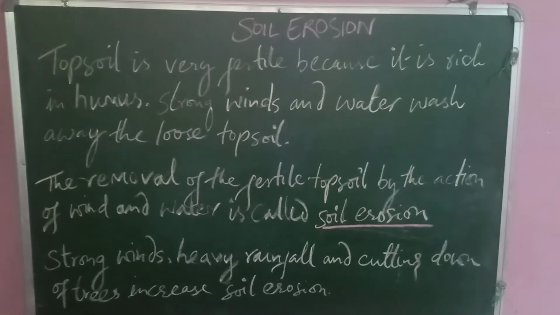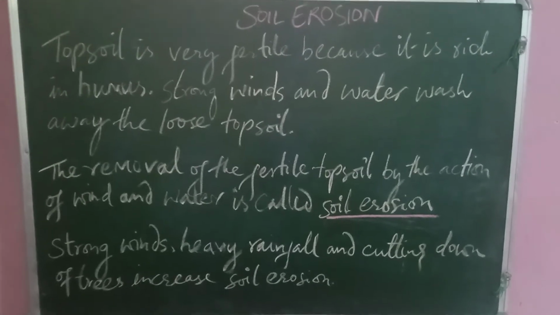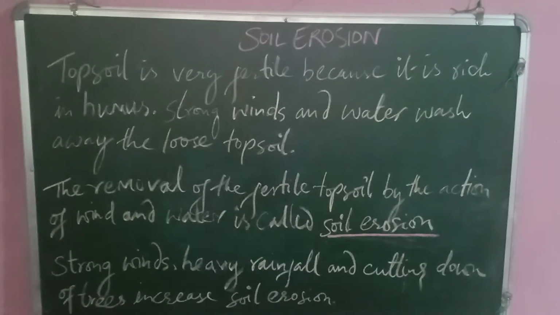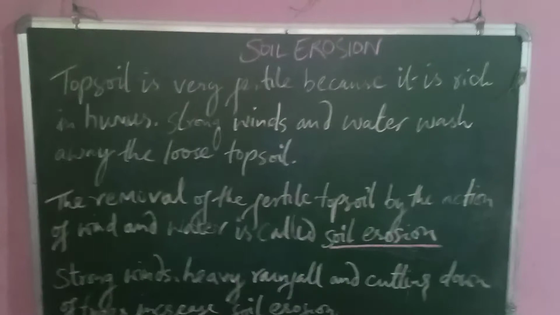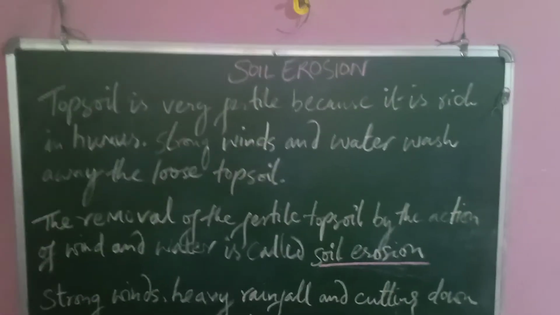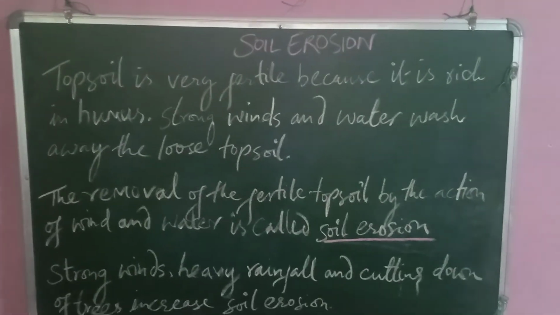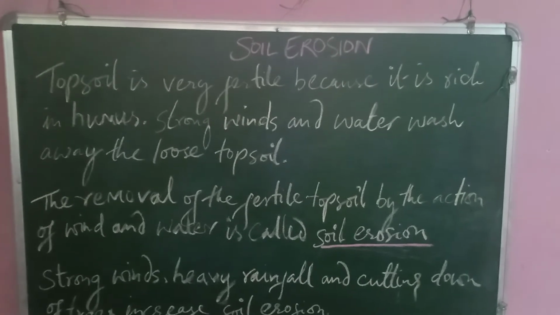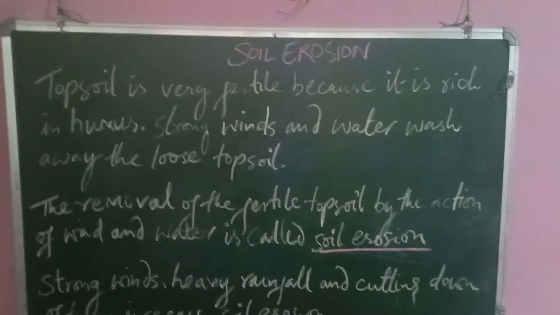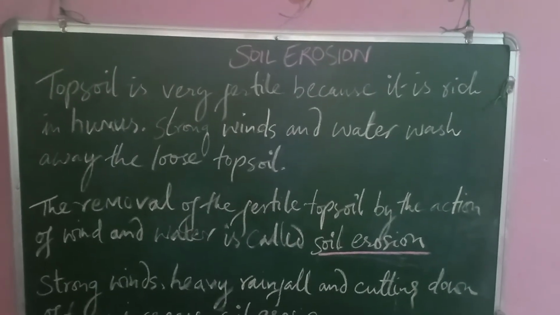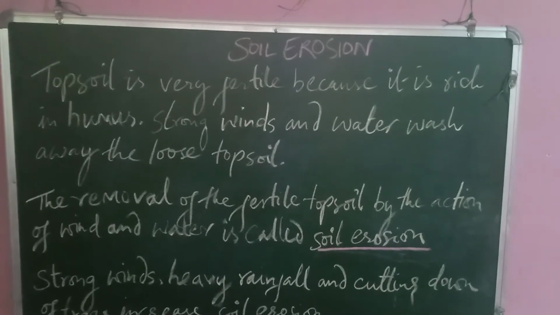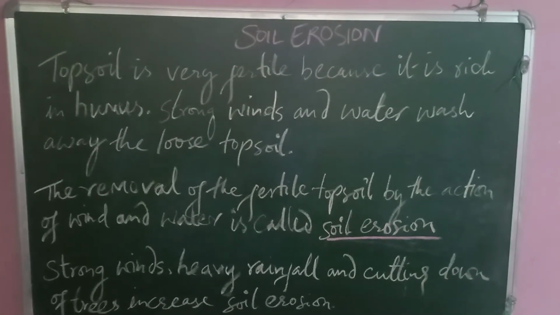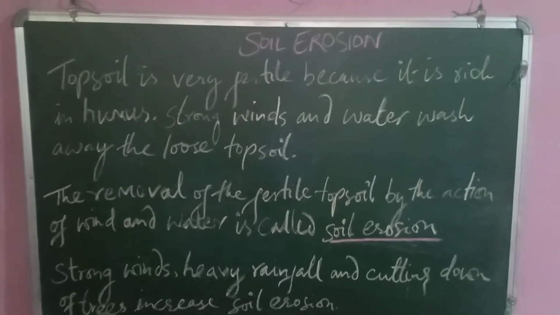Strong winds, heavy rainfall and cutting down of trees increase soil erosion. So what it means is that the topsoil, which is very fertile and rich in humus, is being washed away by the wind and water, and the removal of topsoil by wind and water is called soil erosion.